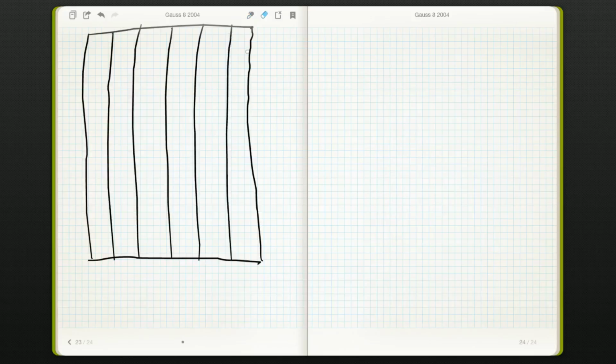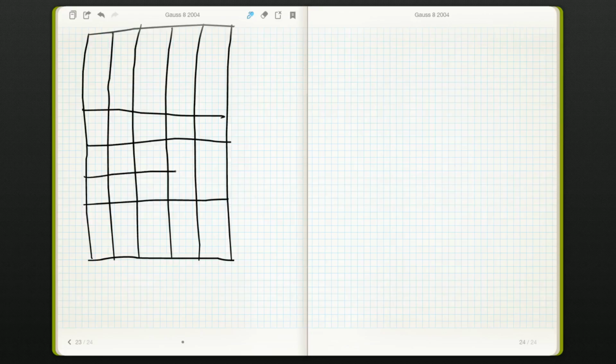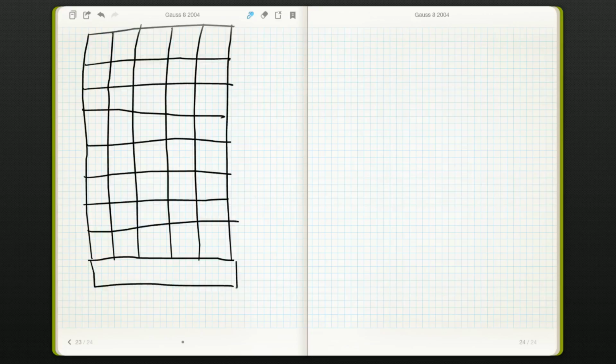I think it was 5 by 9, so I don't need this extra little bit out here. And now for the 9, let's divide it into 3s.